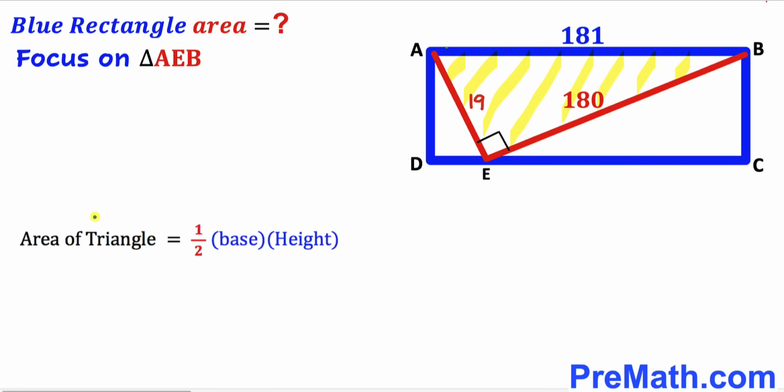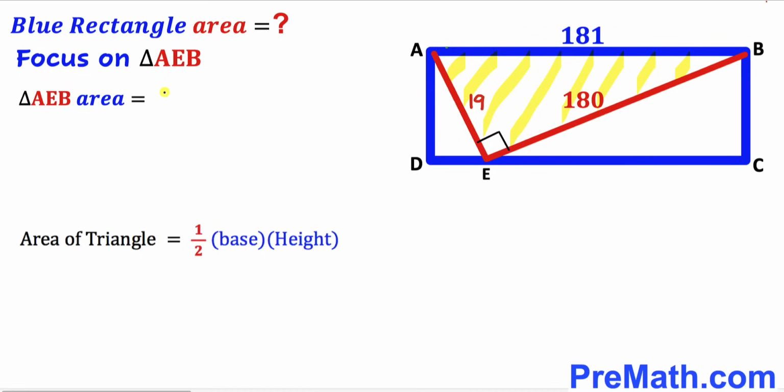Let's recall the area of a triangle formula. Area is always equal to a half times base times height of the triangle. In our case, this is the base of this triangle, which is 180, whereas the height of this triangle is 19 units.